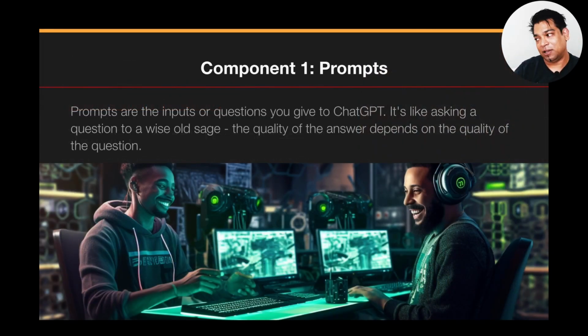Now that we have the principles in place, let's talk about the primary components that make ChatGPT work. The first one is prompts, and we've heard prompt engineering becoming the new skill to learn. And it is because prompts are the inputs or questions you give to ChatGPT. It's like asking a question to a wise old sage. The quality of the answer depends on the quality of the question.